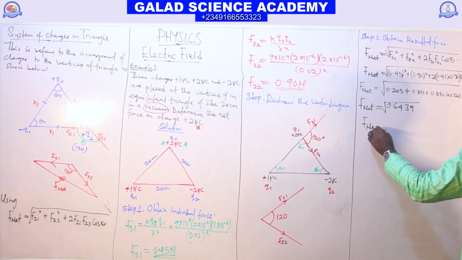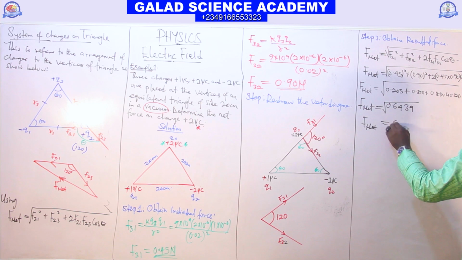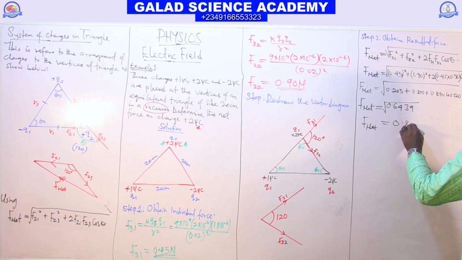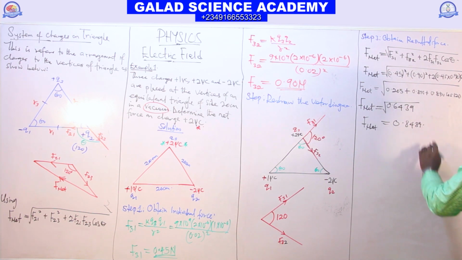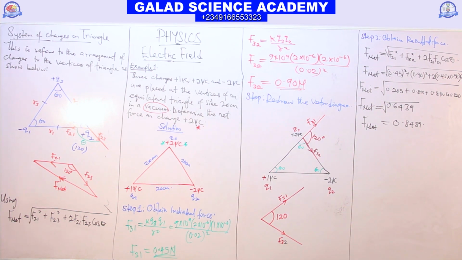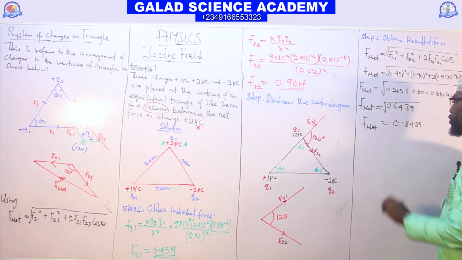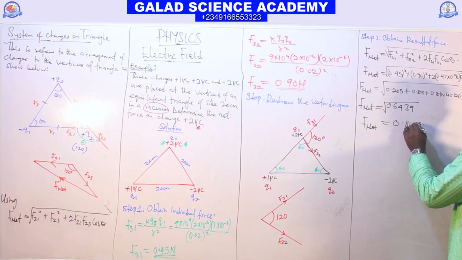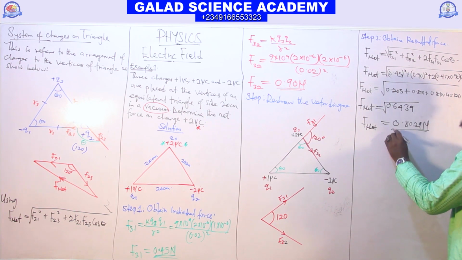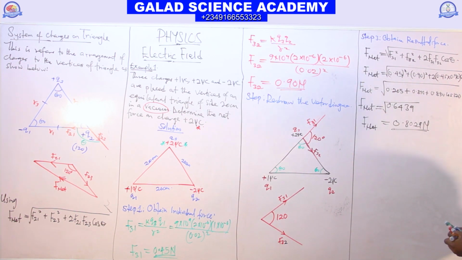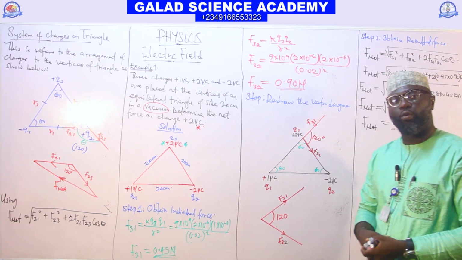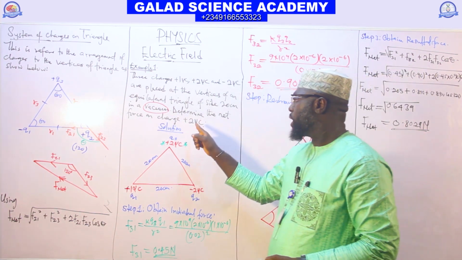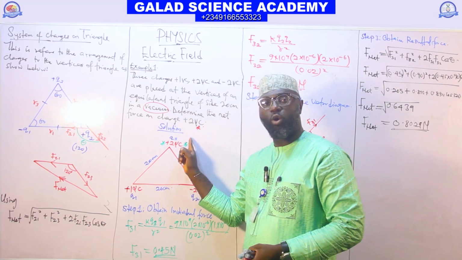The net force is 0.8029. Please use your calculator to confirm the answer. This is the net force for this triangle at charge plus 2.